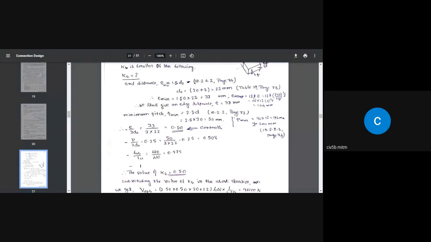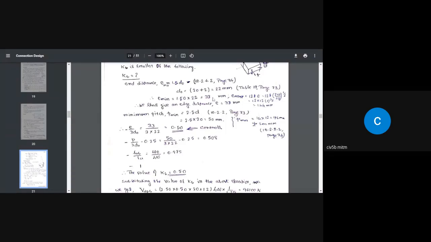So e maximum is 12 times t epsilon. t is the thickness of the plate. It says thickness of the thinner plate. In this case we have two plates of the same thickness, 12 millimeter and 12 millimeter, so we take 12 millimeter as the thickness, and epsilon is 1. So e maximum is 144 millimeter.